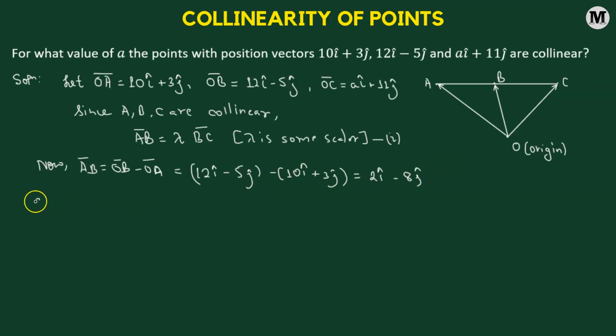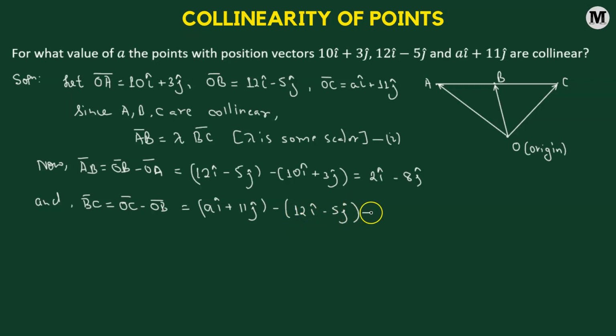Fine. And we can also define the vector BC. So BC vector is going to be OC vector minus OB vector. What is OC vector? We have ai cap plus 11j cap. From here, we're subtracting OB vector, that's 12i cap minus 5j cap.